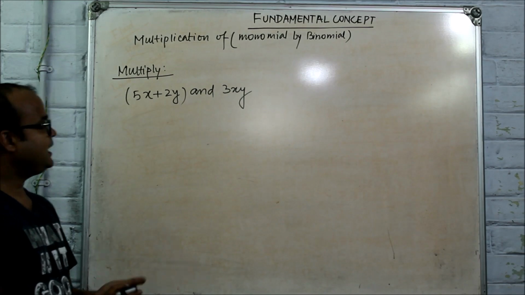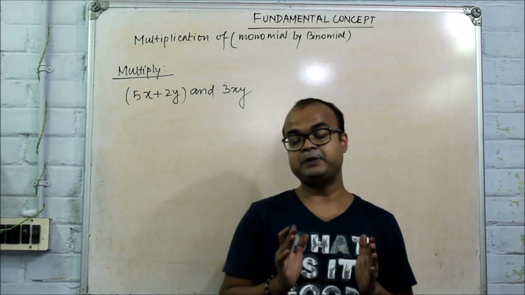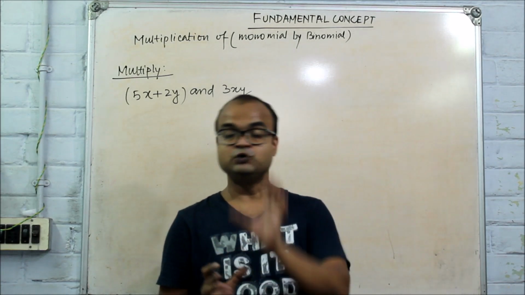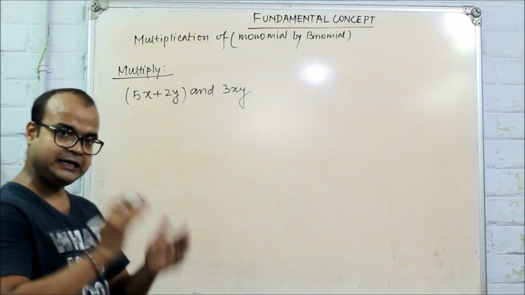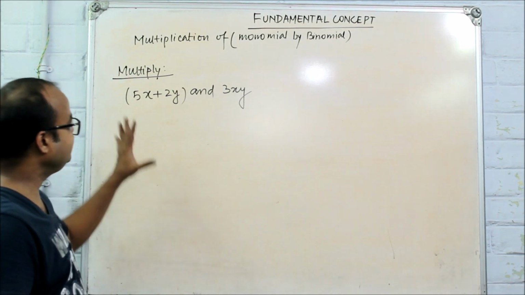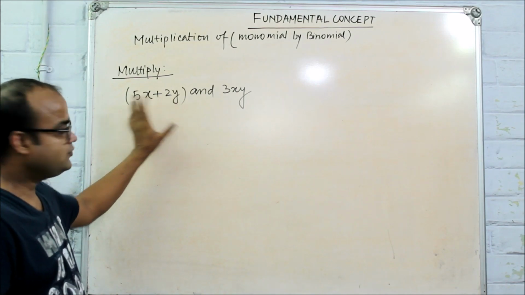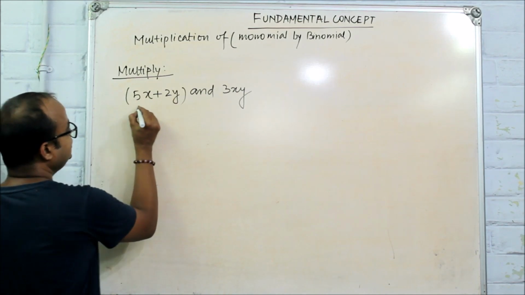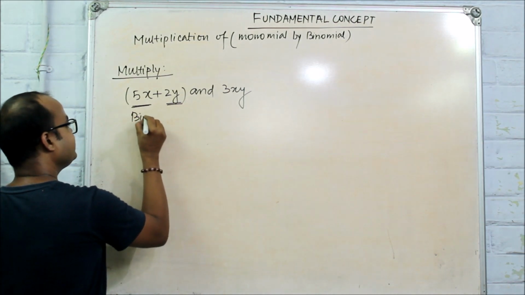Now I am going to explain how you are going to multiply a monomial with a binomial. Clear? Now I will take one example and explain the methods by which you can multiply. 5x plus 2y. So there are two terms, 5x and 2y, so it is a binomial.